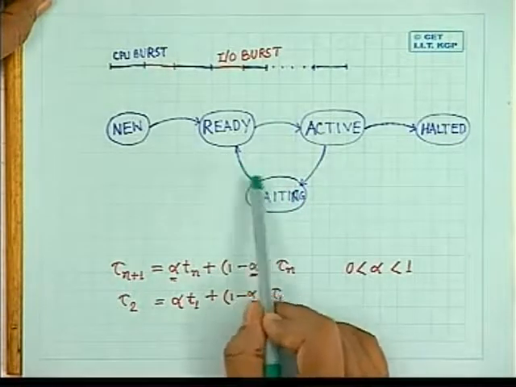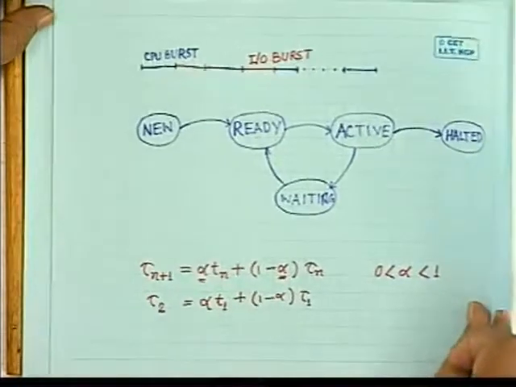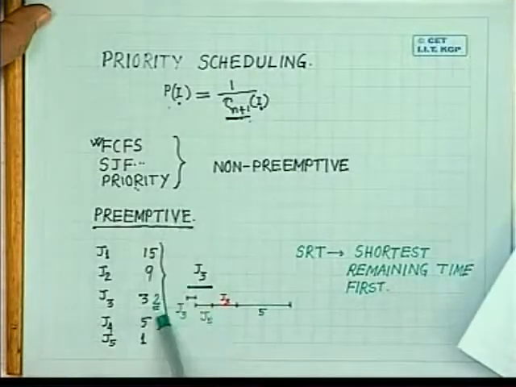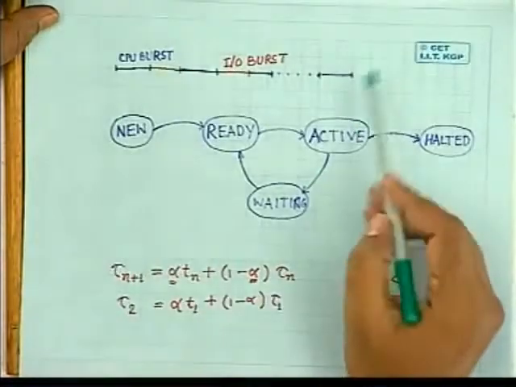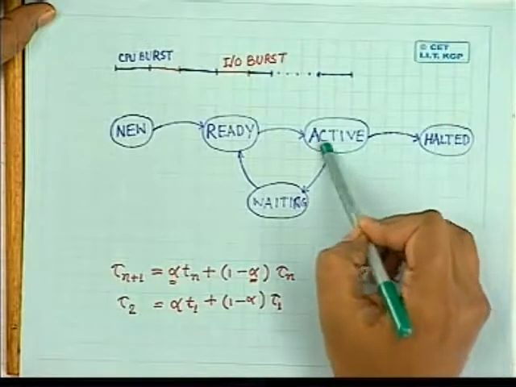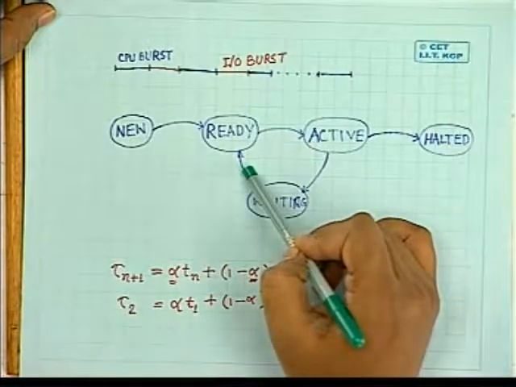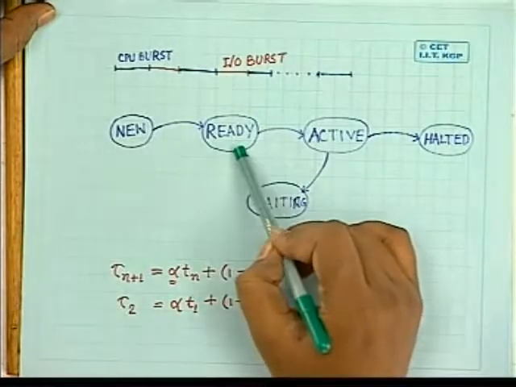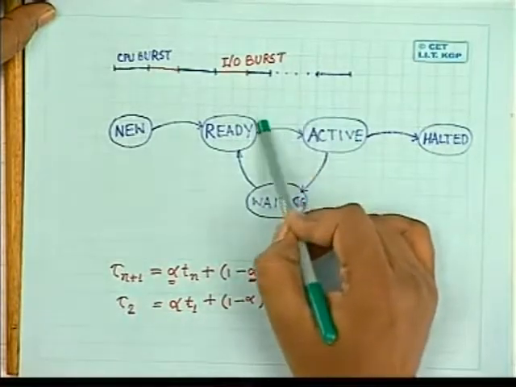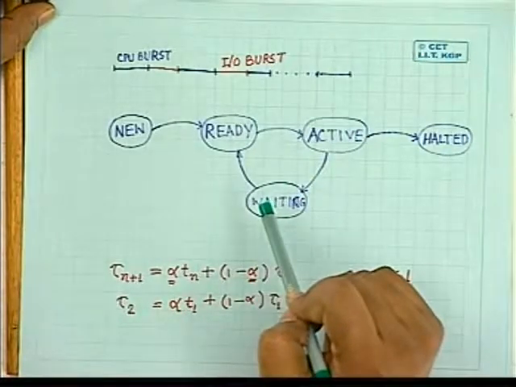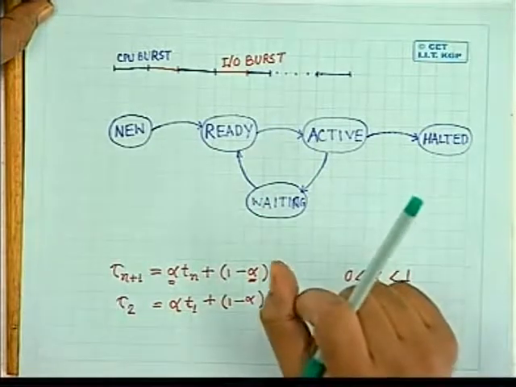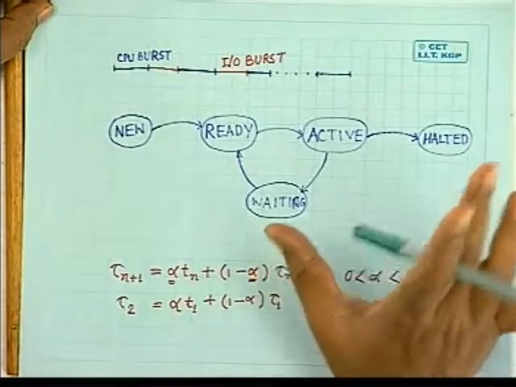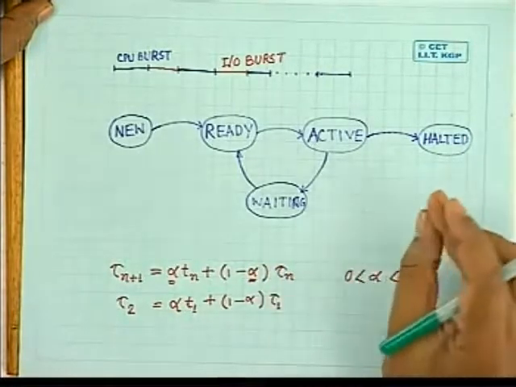Now, after talking about preemptive scheduling algorithms, you find that the process can move to the ready state from the active state not only via this path. It can also move directly from active to ready because of preemption. A job requiring a CPU burst of say 5 milliseconds has been executed for 1 millisecond, and then it has been preempted.